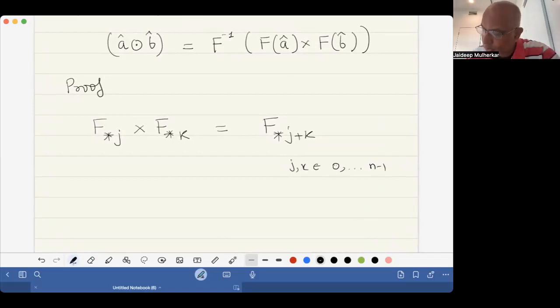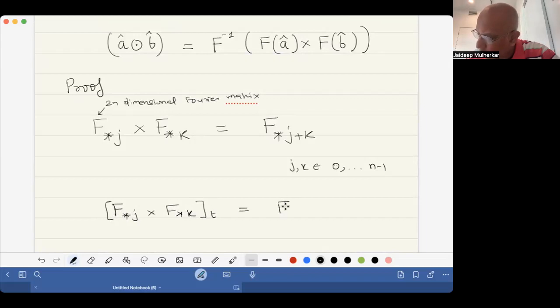And of course, we are always dealing with a 2n dimensional Fourier matrix, right? So this is quite straightforward. What we need to show is that the tth element of f star j cross f star k is equal to the tth element of f star j plus k.